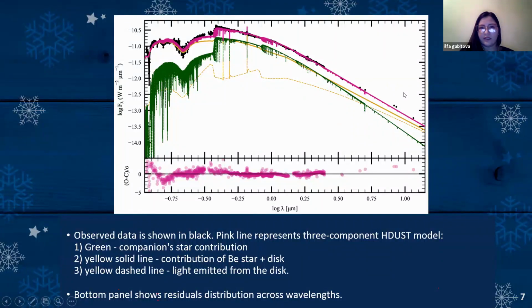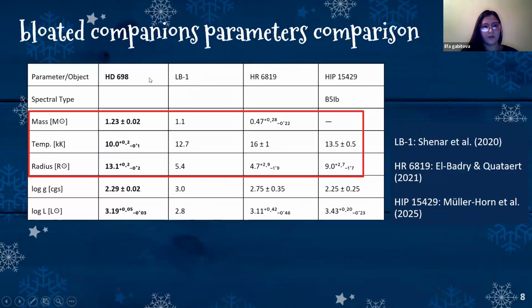The model agrees with the data pretty well, and we were able to get a nice set of parameters for the companion star, which is as follows here. The B star was assumed from Geneva evolutionary tracks, and from the fitting of the SED we got the companion's parameters.